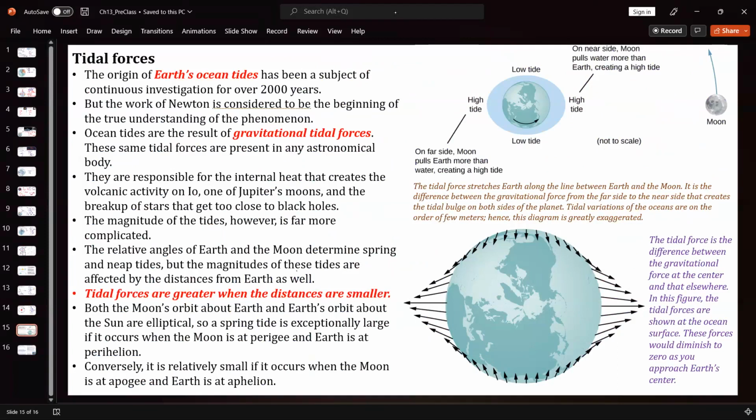Tidal forces can be understood only by using the universal law of gravitation, the force between the moon and earth. The moon moves through a slightly elliptical path, which means sometimes it's closer to the earth and sometimes a little further away. As a result, the waves are dragged one way or the other, and that can produce the tidal waves.